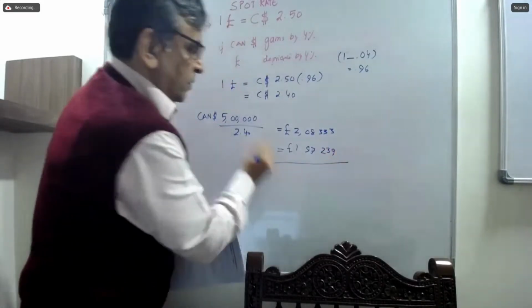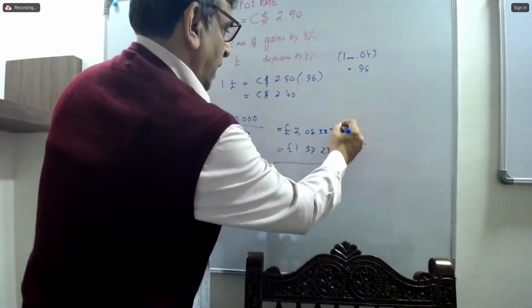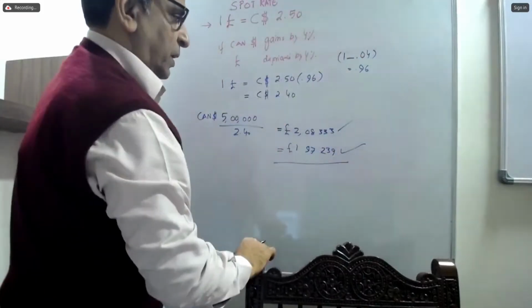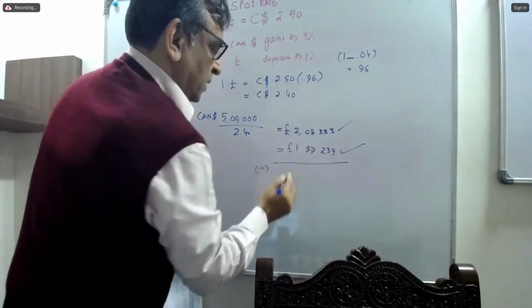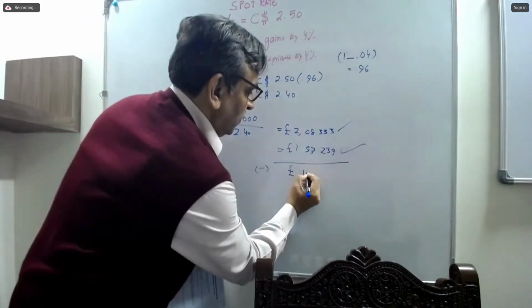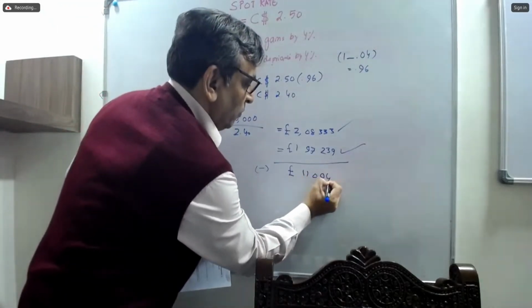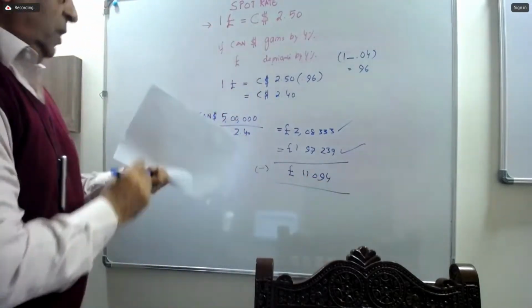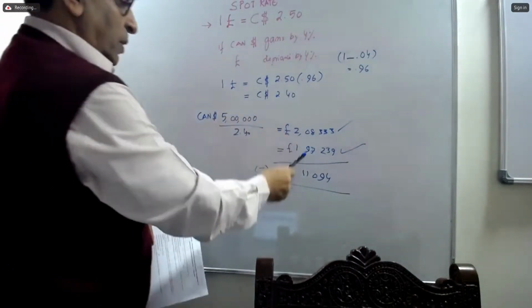Okay, so which means he is going to lose. This was the spot rate, so there is a loss. So we subtract this from this, and we get pounds 11,094.